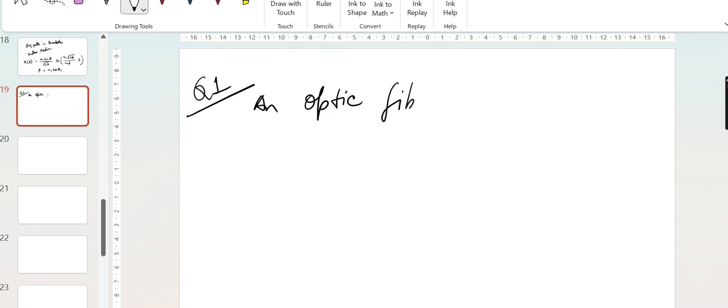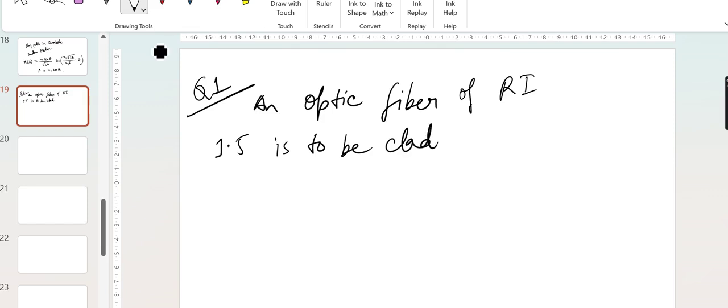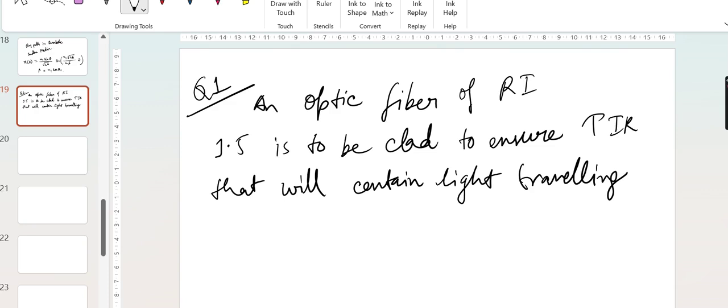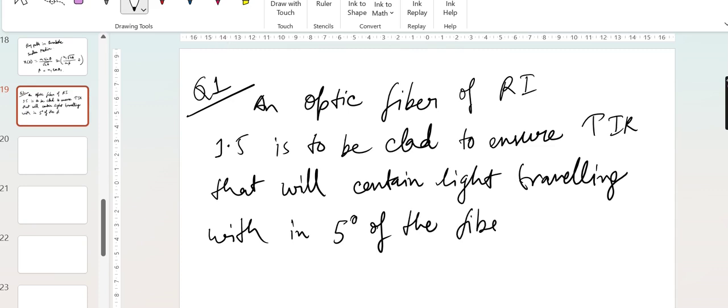An optic fiber of refractive index 1.5 is to be clad to ensure TIR that will contain light traveling within 5 degree of the fiber axis.